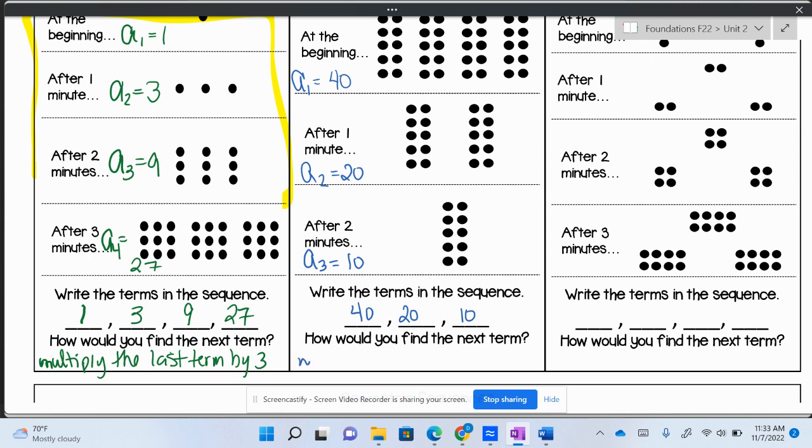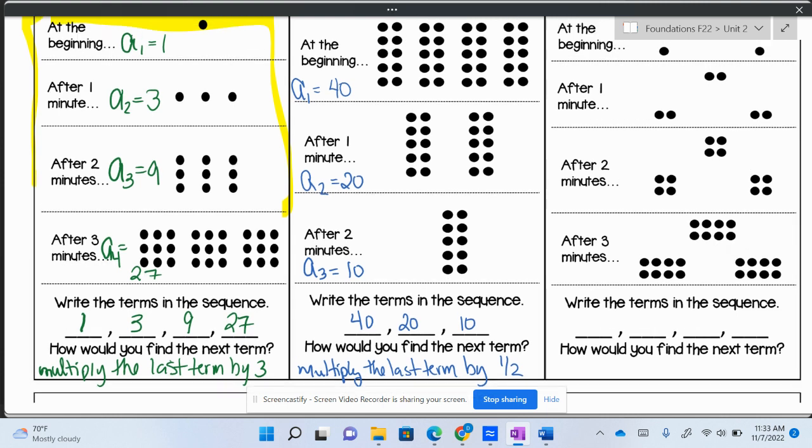So we are going to multiply the last term by 1/2. We can't use divide. That's a learning thing for us, because you'll see when we look at the parent equation, the explicit formula.